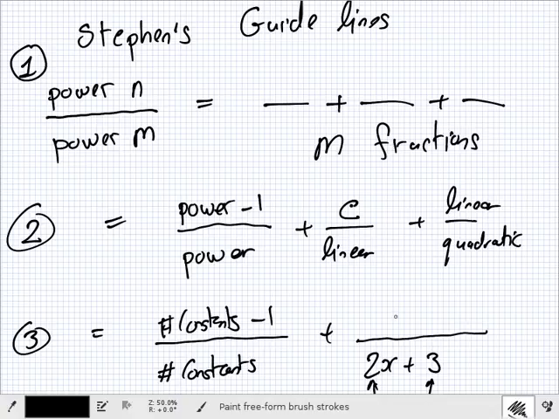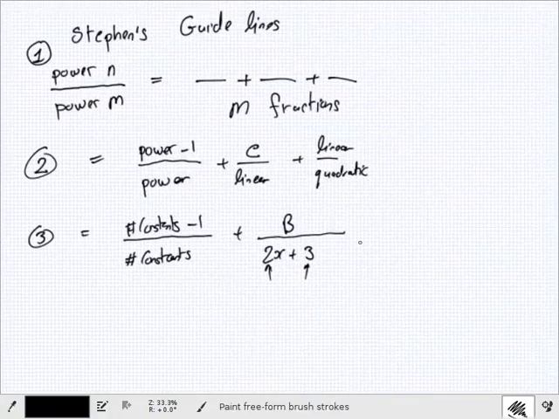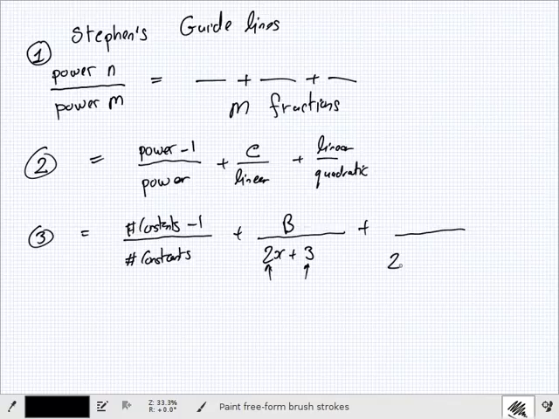So on the top you should only have 1 constant. Another example would be, suppose you had something like 2x squared plus 3 plus 1 in your answer. How many constants here? 3. So on the top you should have 2 constants.